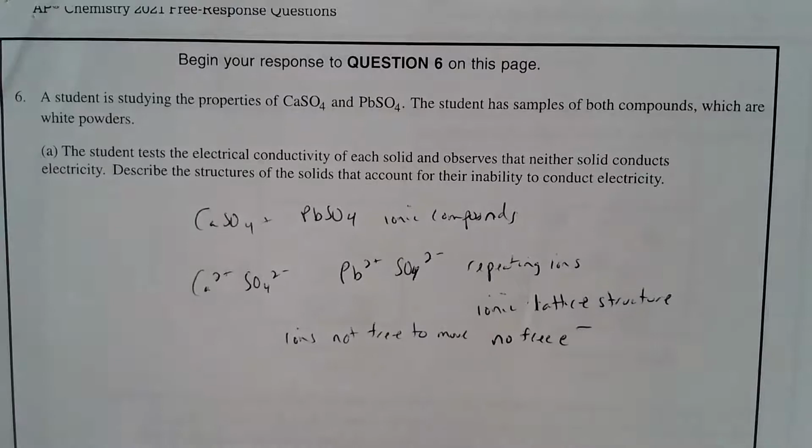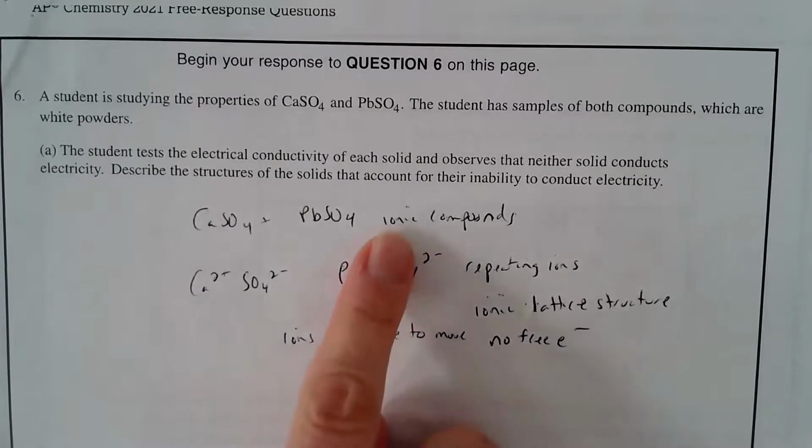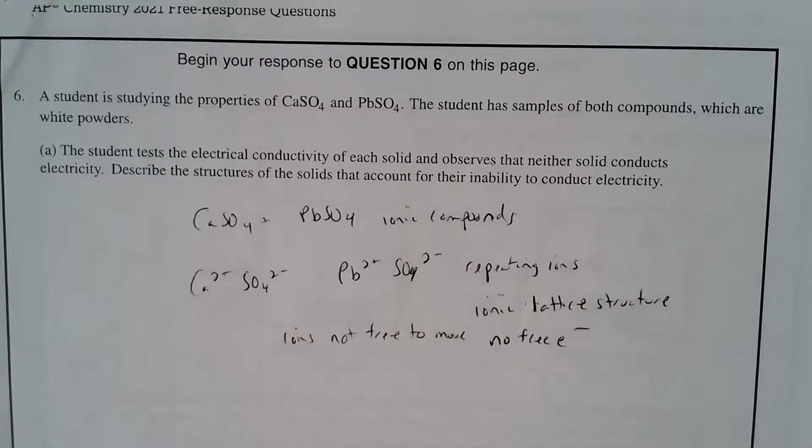But I put in some additional stuff: ionics have a lattice structure, the ions are not free to move, there are no free electrons, so therefore you don't have the conduction that you would have if you did have free electrons moving around. But since this is part A of a question, it might be as simple as they're both ionic compounds. Okay, so just keep that in mind.